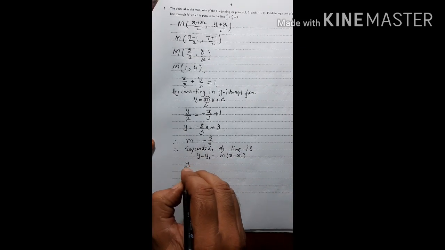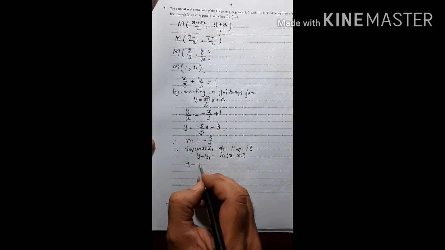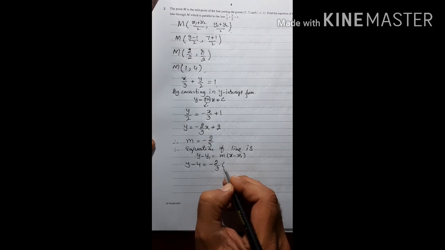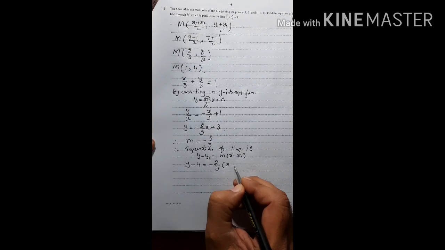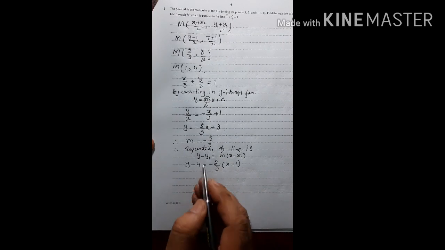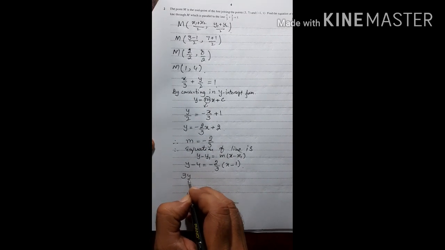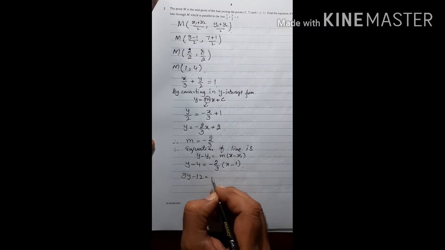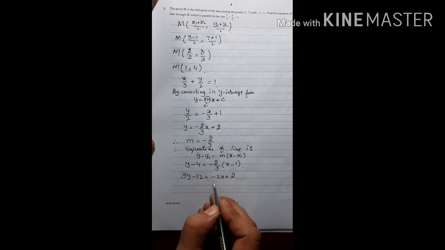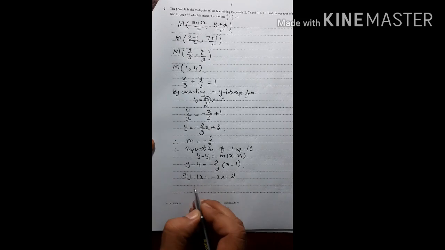Therefore this will become y minus 4 is equal to minus 2 by 3 x minus 1. So after simplification, take 3 on this side. This will become 3y minus 12 equals minus 2x plus 2.